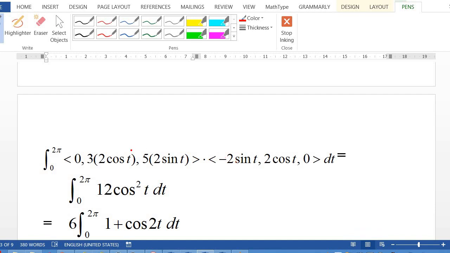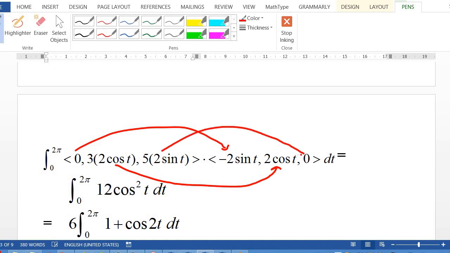Component i times 0 gives 0. Component j gives 6 cos t times 2 cos t, and component k gives 0, so what is left is the component j product, which is 12 cos squared t.